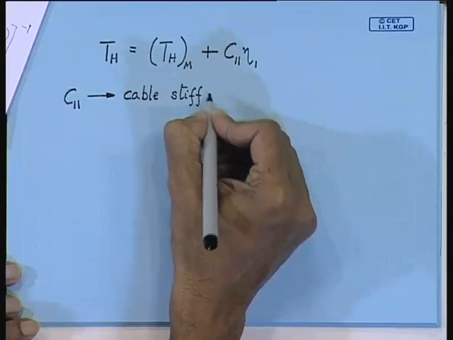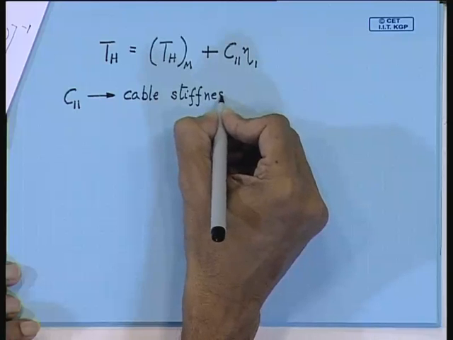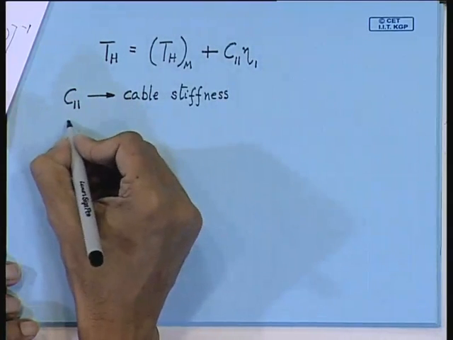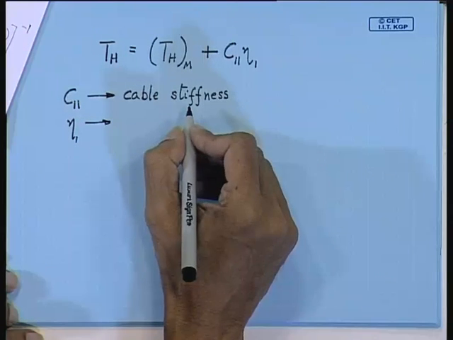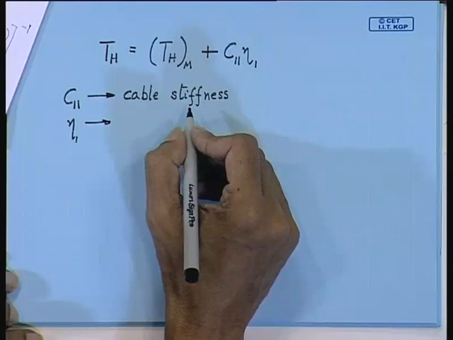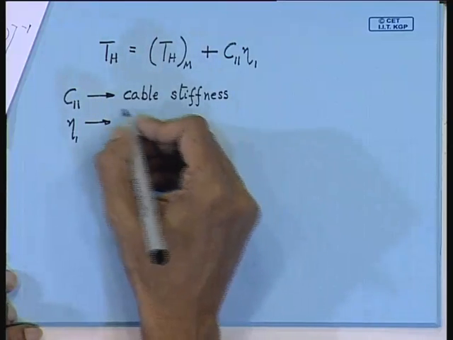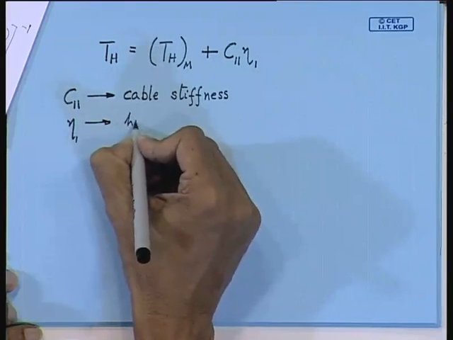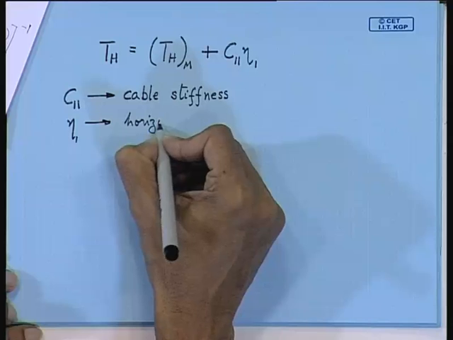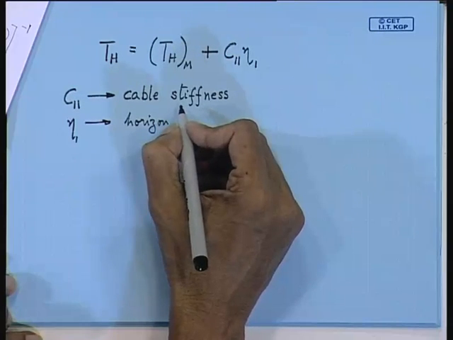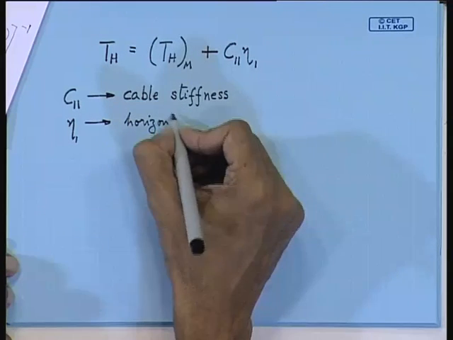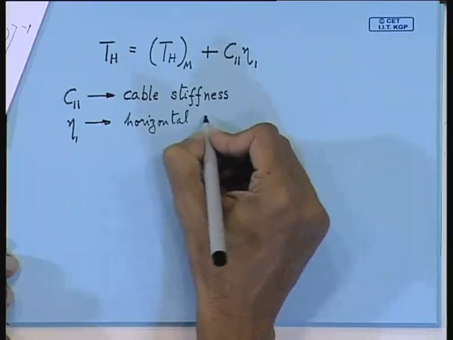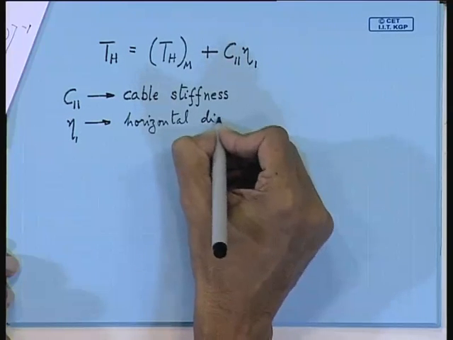Then what is eta 1? Eta 1 is the horizontal offset. But this is, I think, at the CG. No, sorry. Horizontal displacement, you write.